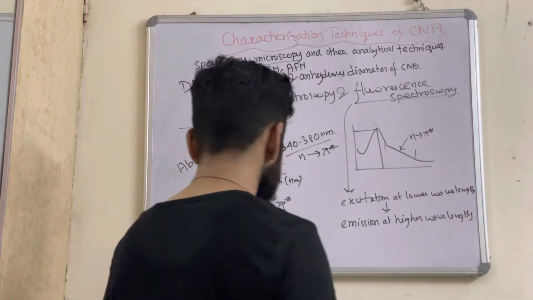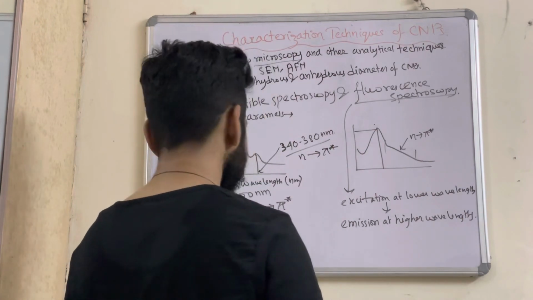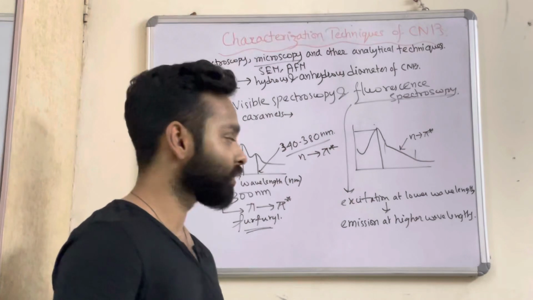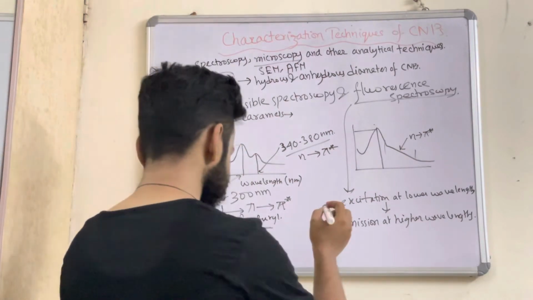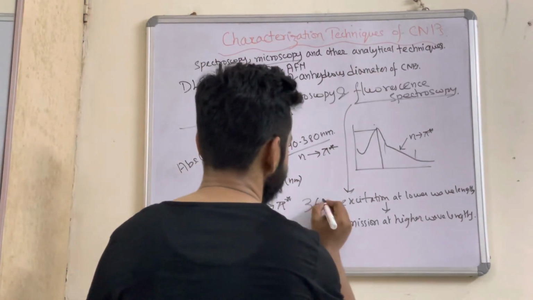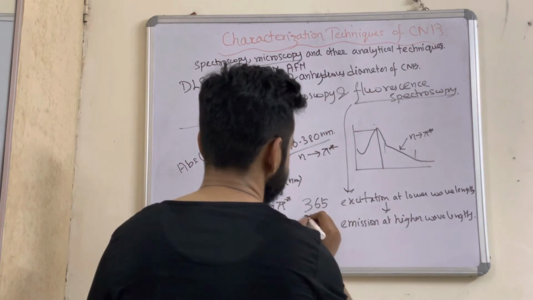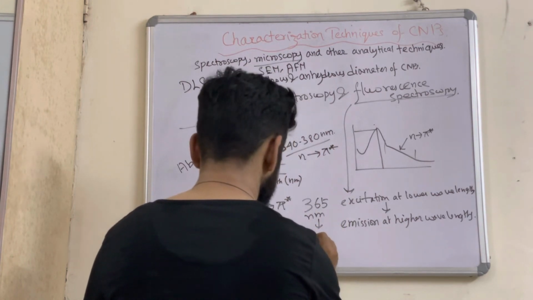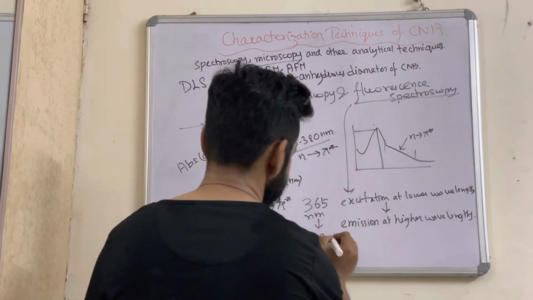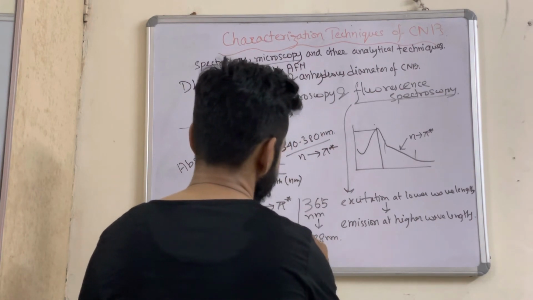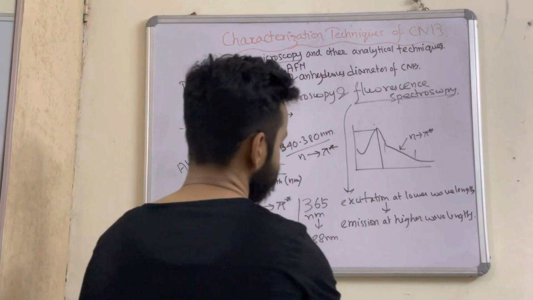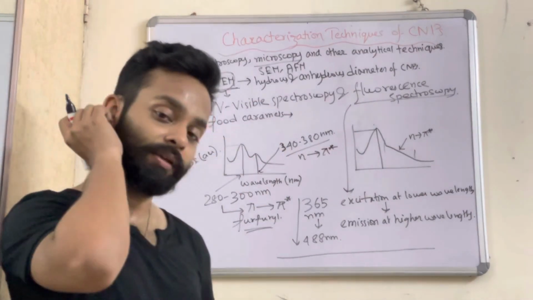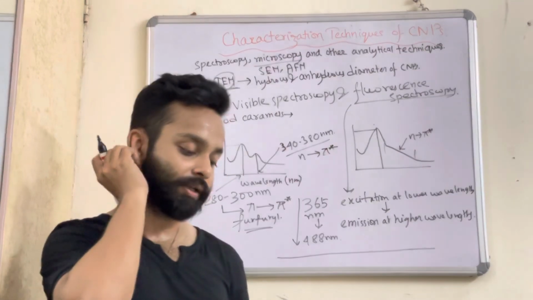Now it has been seen that upon exciting carbon nanoparticles synthesized from agave nectar as the carbon source, the excitation wavelength at 365 nanometers gave an emission at 488 nanometers. So this emission pattern can also be a characteristic measure for the synthesis of carbon nanoparticles.